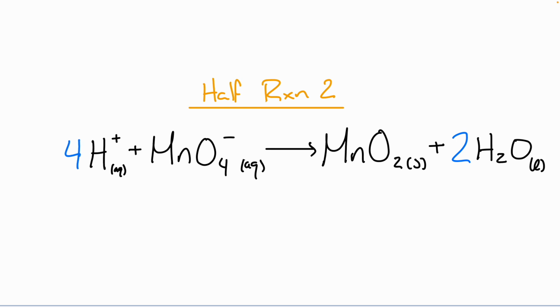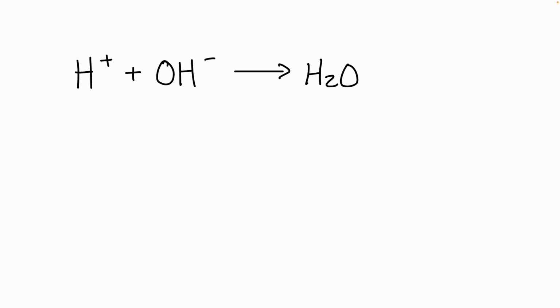So now I'm going to do that added step where I'm going to add hydroxide to cancel out. Remember, an acidic solution has a bunch of H+ floating around, but a basic solution has hydroxide. And to be clear, we're going to take advantage of the fact that a hydrogen ion plus a hydroxide ion gets converted to water.